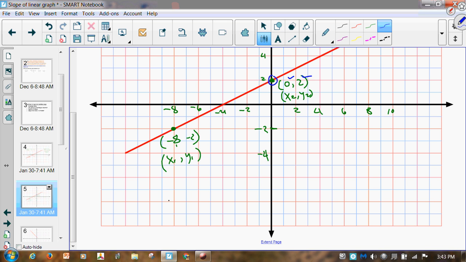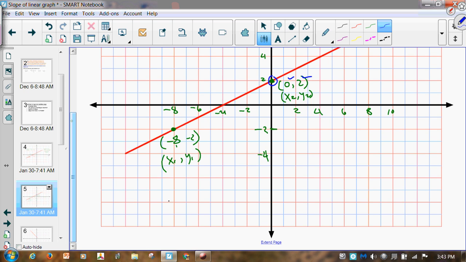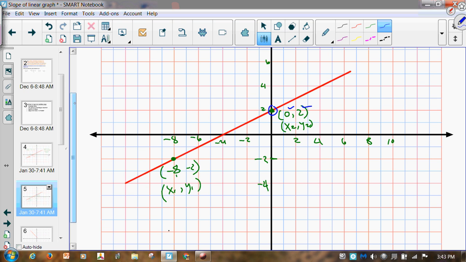So let's look at this from the standpoint of our change in y over change in x and do a quick calculation. And so we have delta y over delta x, which is the same thing as y2 minus y1 over x2 minus x1. And so what is that? y2 is 2, and we're subtracting y1, so 2 minus a -2.